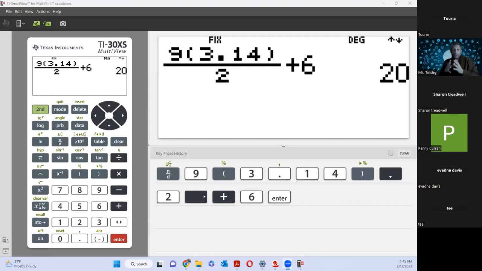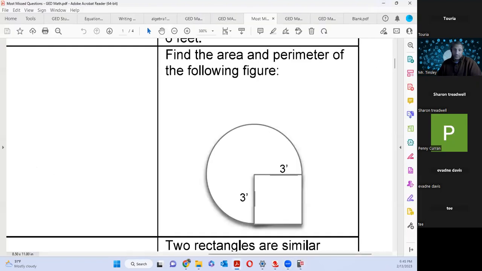Now, hold on, Mr. Tinsley, that was only one part of the question, because they also asked for the area. This is why I don't like this question. The area is inside.